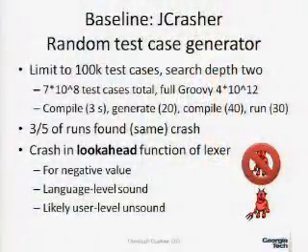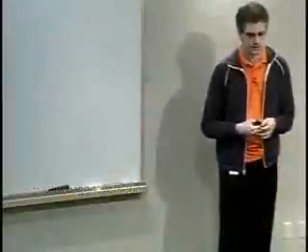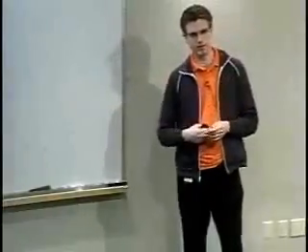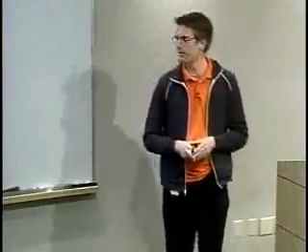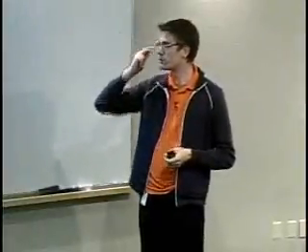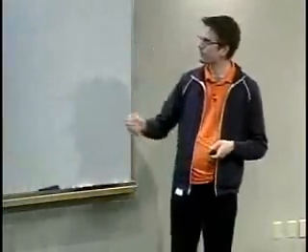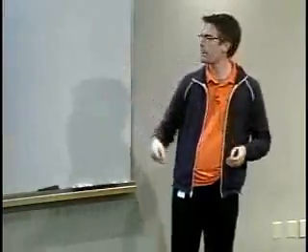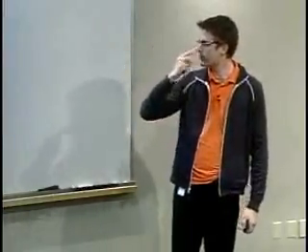As a baseline, we used our purely dynamic test case generator JCrasher, basically just to highlight the advantages of having a static analysis. We limited the JCrasher search to generate 100,000 test cases with a depth of 2, so JCrasher picked those 100,000 test cases out of 700 million.